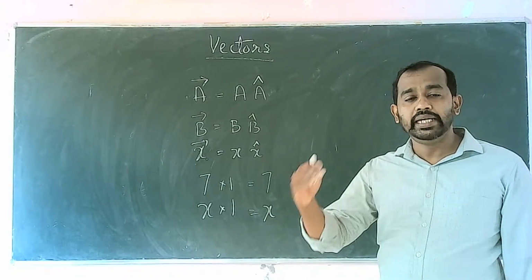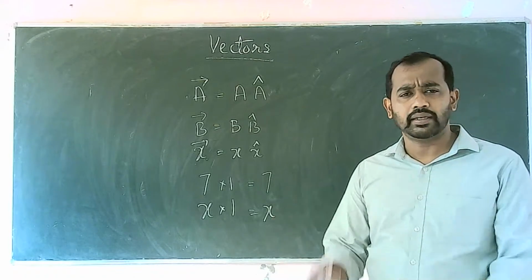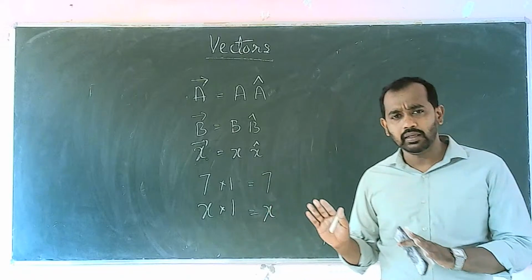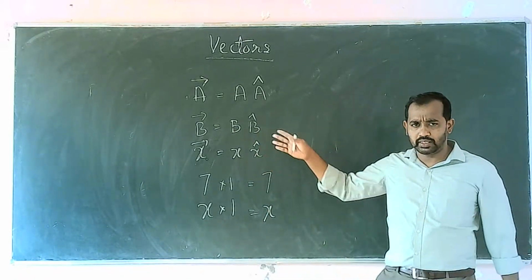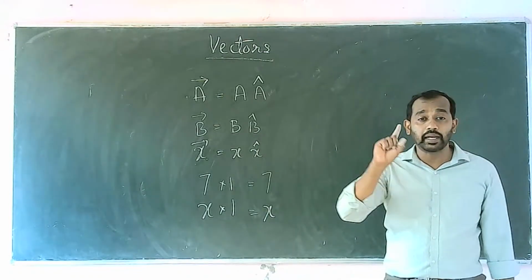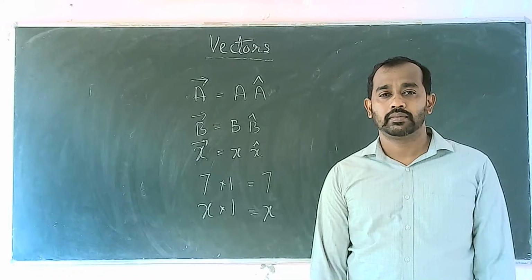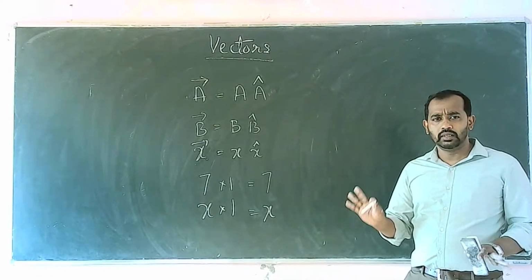What if we multiply a vector with a real number? Any number here, not an imaginary number. You will study that in mathematics in detail. But when we multiply any vector with a number, what happens? For an example, I will give numerical values.